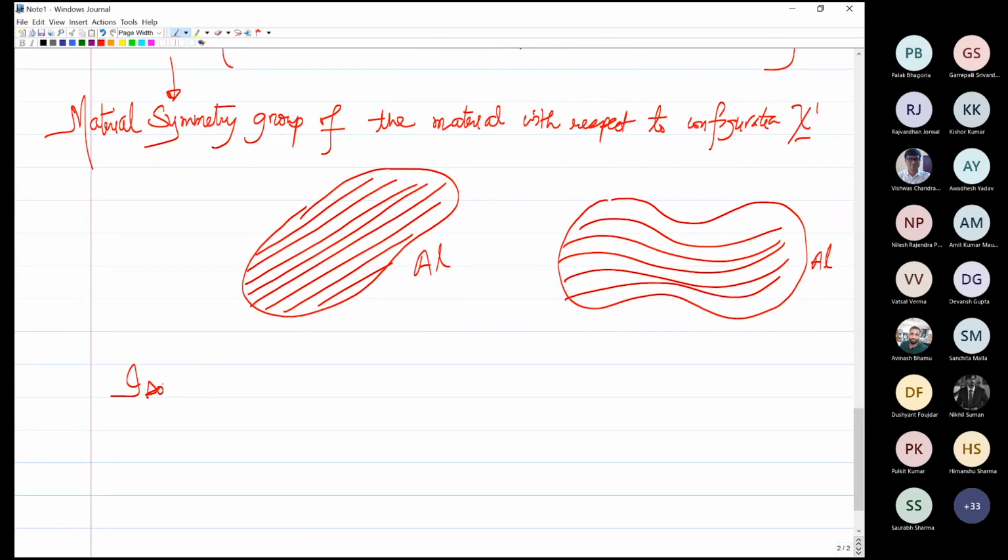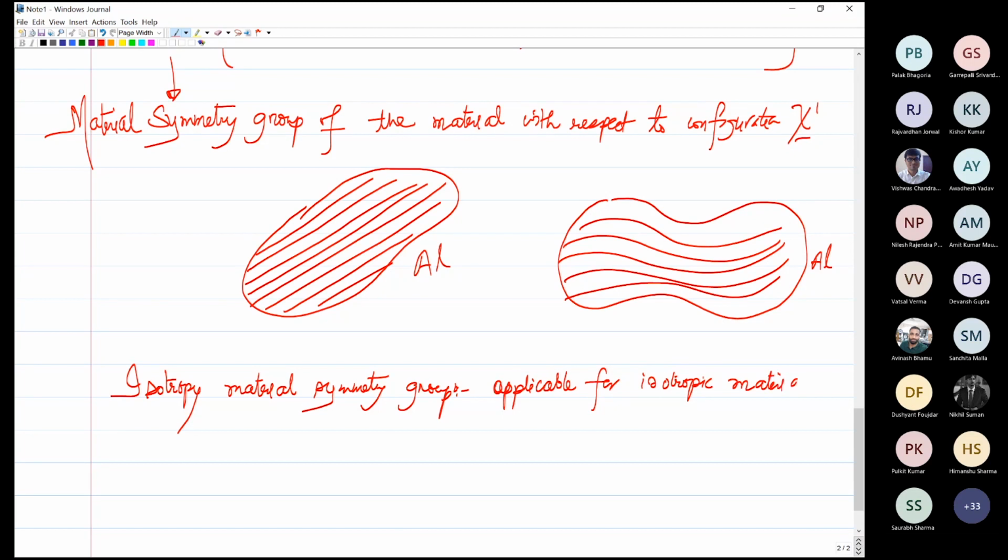The material symmetry group. So this is of course applicable for isotropic material. Can you think of what will be the symmetry group for such a material, for isotropic material? What will be those sets of H for isotropic material which leave the stress response function unchanged?